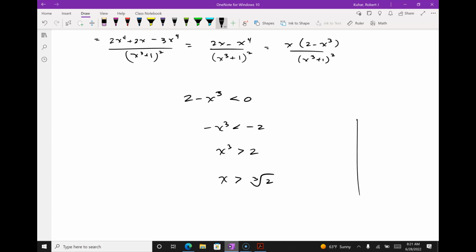And you can kind of see what's going on with this. It's a cubic. It's doing something like this. So it's becoming negative after cube root of 2, right? What number is cube root of 2?